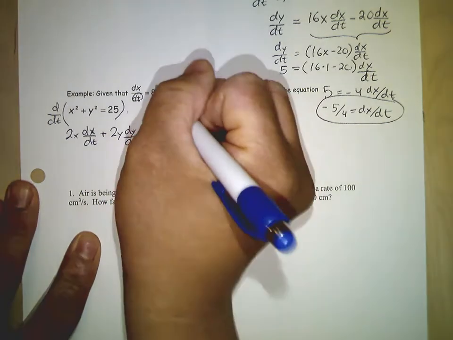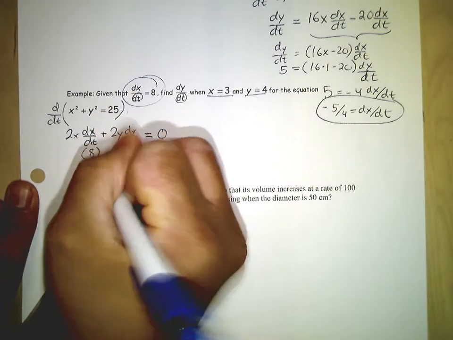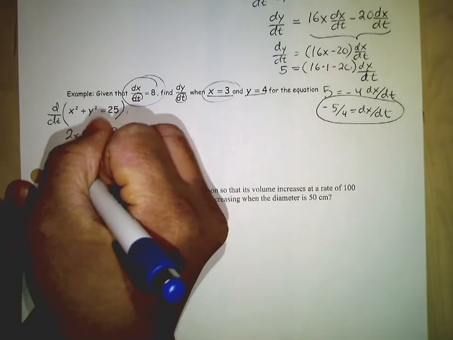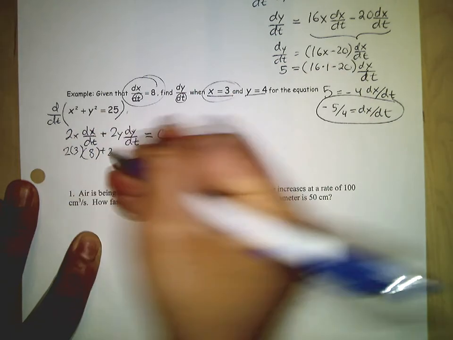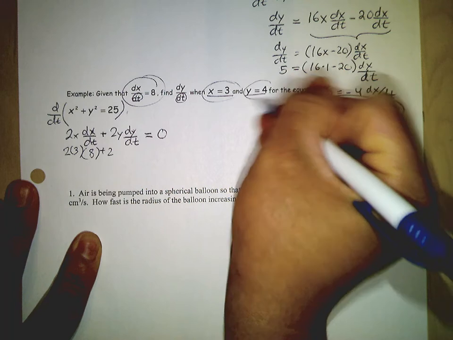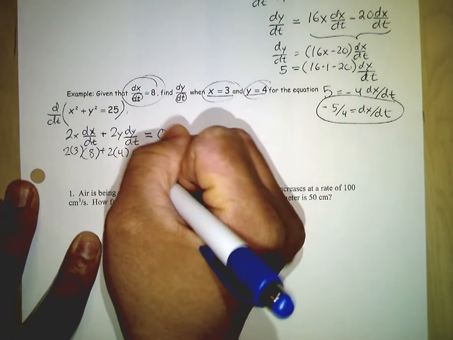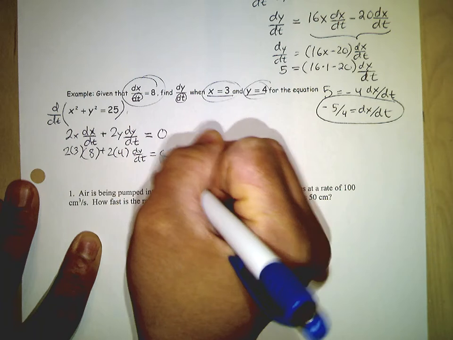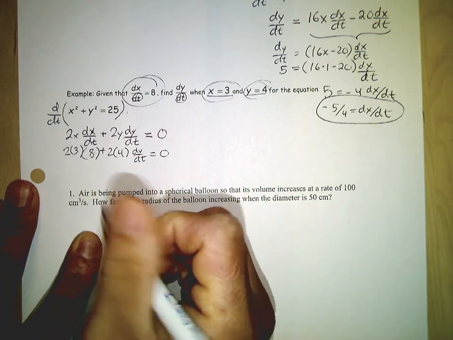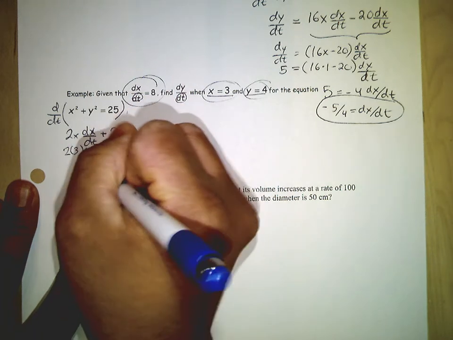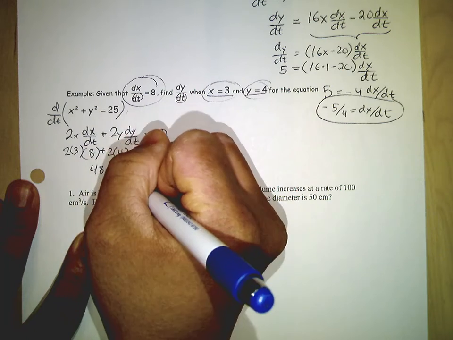We're given that dx/dt is 8. We're given that x is 3, so 2 times 3 times 8, plus we were given y is 4, so 2 times 4 dy/dt is equal to 0. So 2 times 3 times 8 is 48, and 2 times 4 is 8.